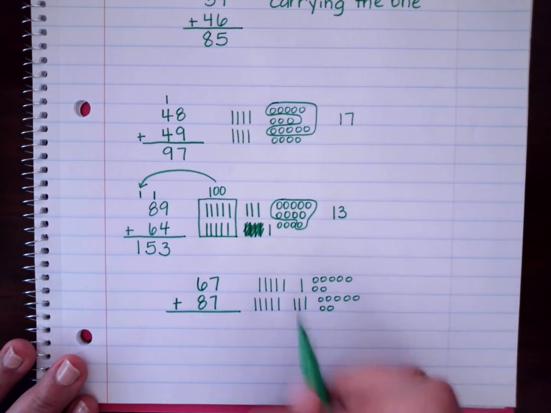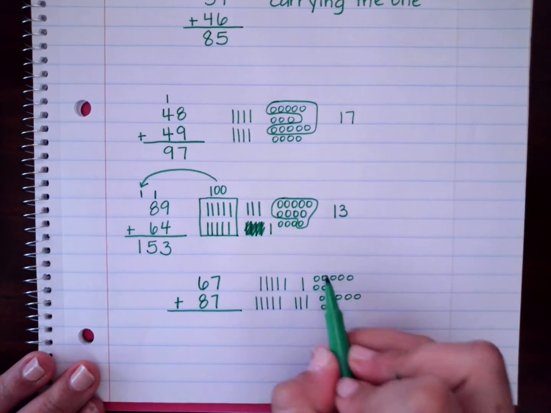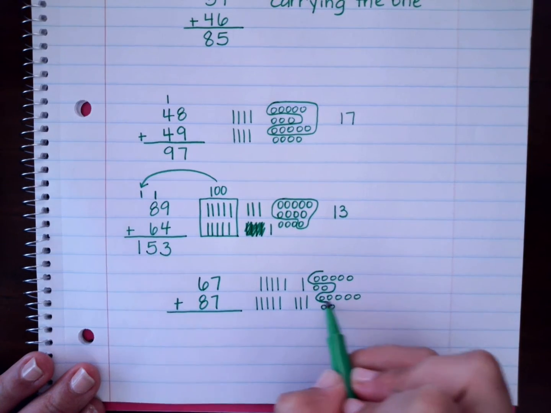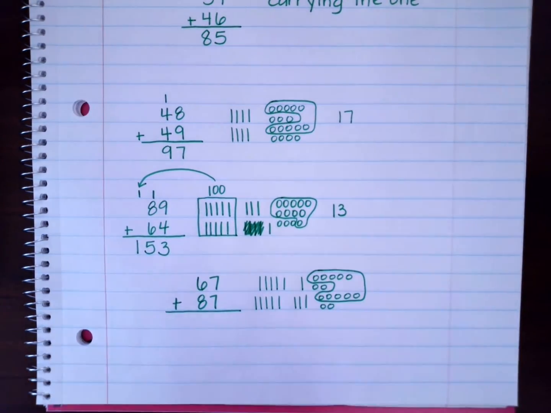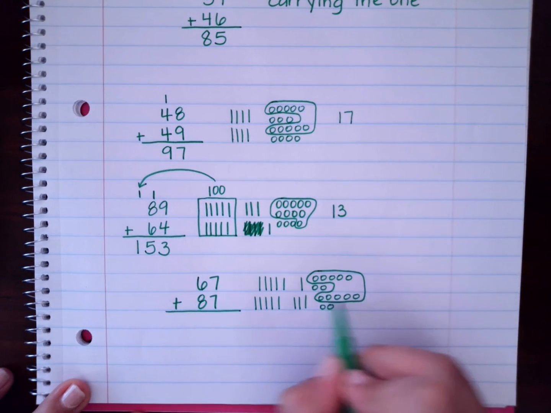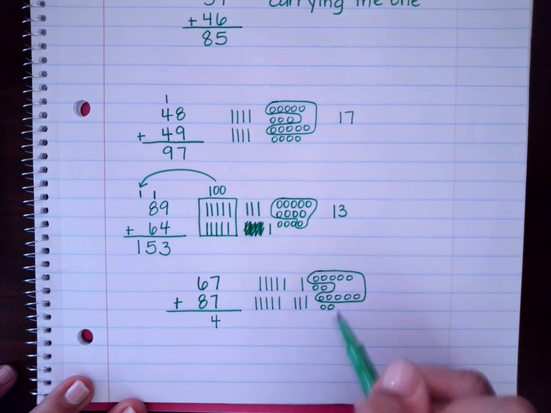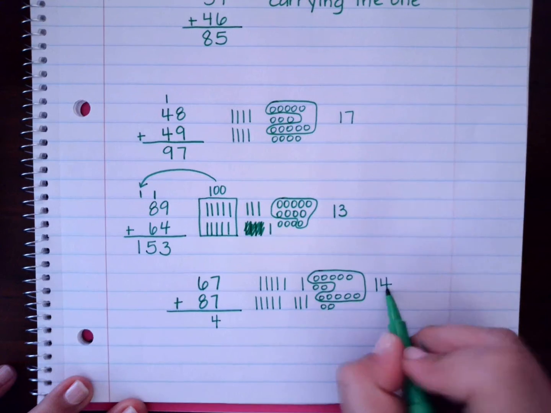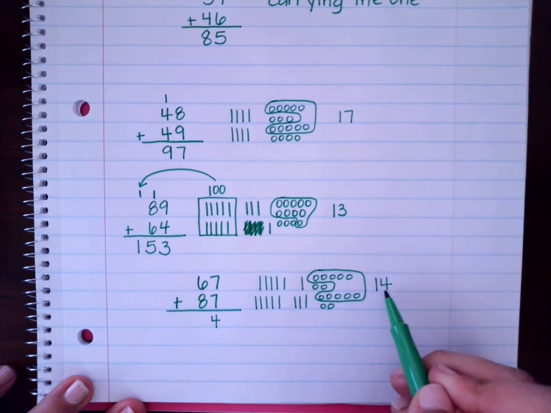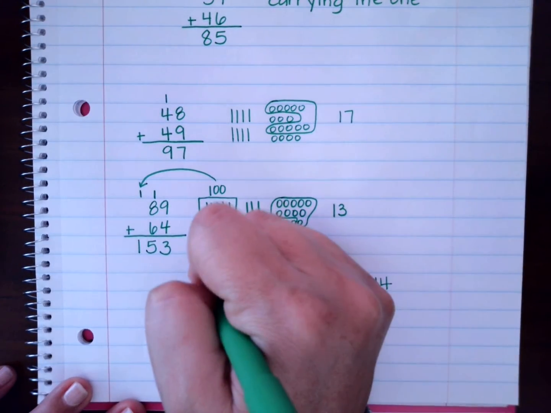Okay, so I'm going to look at my ones. I'm going to see if I have a group of 10, which I do. So if I have 10 right here plus 2 more, I know that leaves a 4, because I have 14, right? 7 plus 7 is 14. And then my new group goes right there.